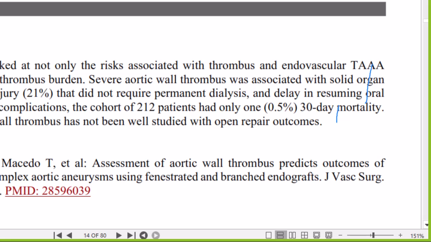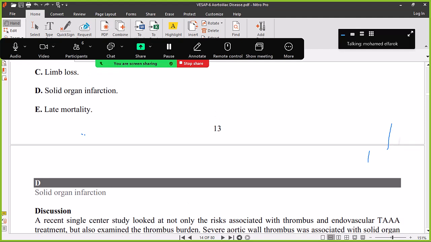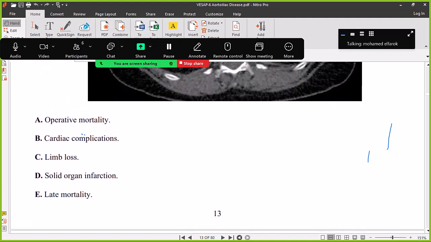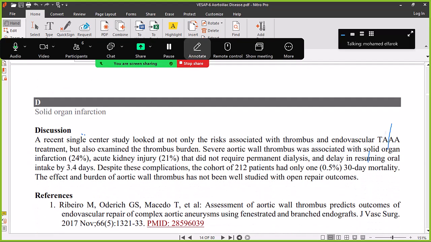We all must know him and read his articles. His work is fantastic. He asked, if I have a patient with multiple thrombus, what will it be: mortality, cardiac complication, limb loss, or solid organ infarction? The correct answer is solid organ infarction. Why? Just because Oderich said so in his paper.